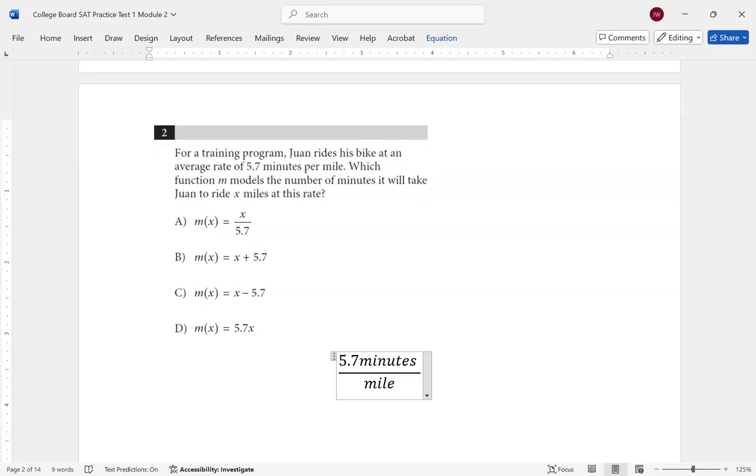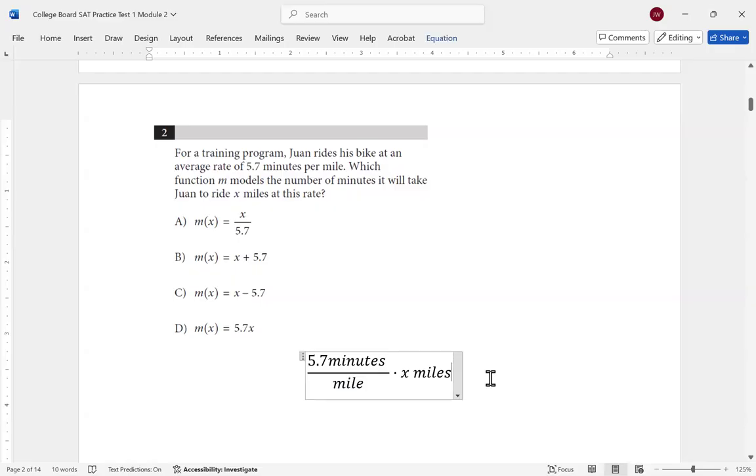If we're trying to figure out how many minutes it takes to ride X miles, note that if we multiply times X miles, the miles on the bottom and the mile label in the numerator will cancel each other out.